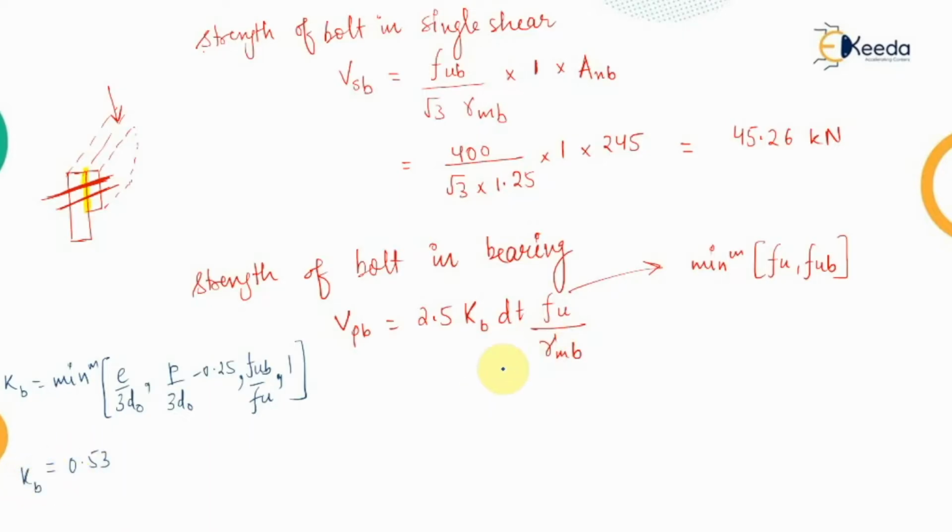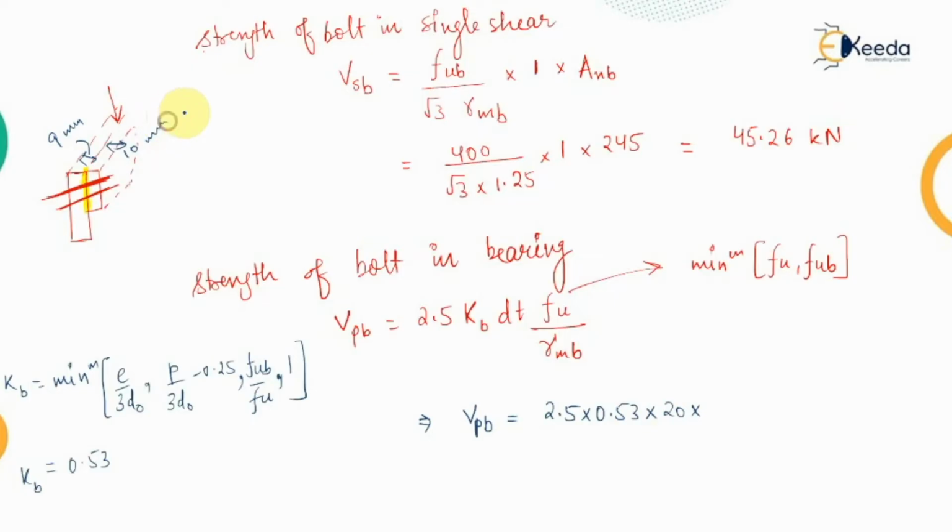So if we place all these values here, we will get the strength of the bolt in bearing. That comes out to be 2.5 into 0.53, that is the KB value, into the diameter of the bolt, that is 20, and the thickness. The thickness of the bracket plate was given as 10 millimeter, while the thickness of the flange that we have taken from the handbook is 9 millimeter.